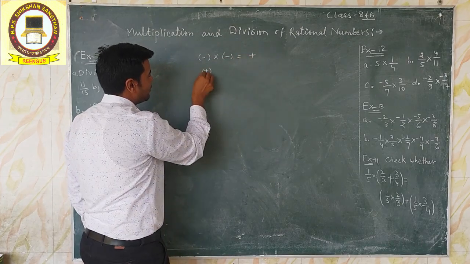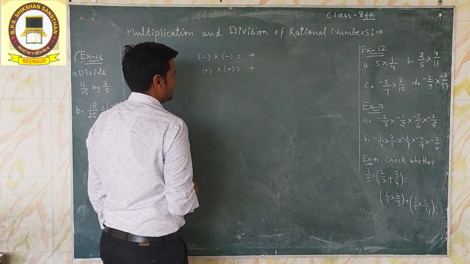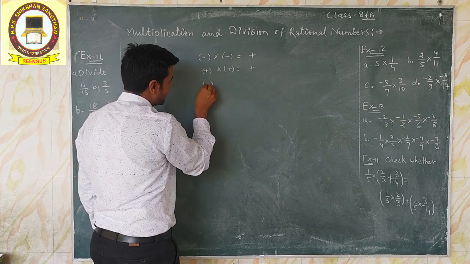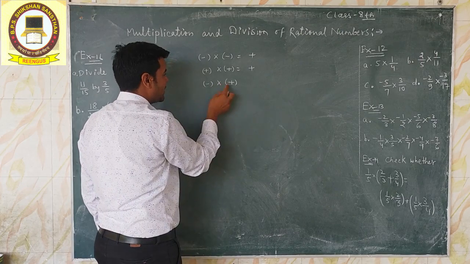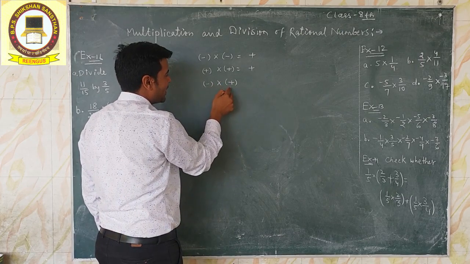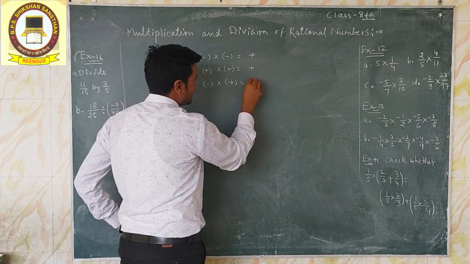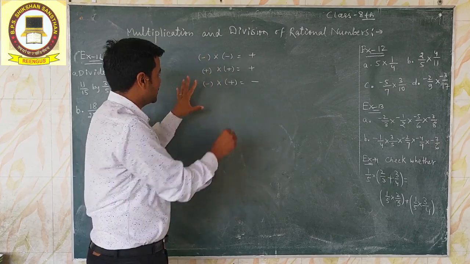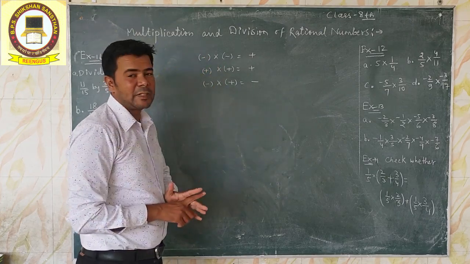If we multiply plus by plus, it gives us plus. And if we multiply minus and plus, the sequence can be changed, plus into minus or minus into plus, both are the same, it gives us minus. These three important things you have to keep in mind before we multiply and divide.